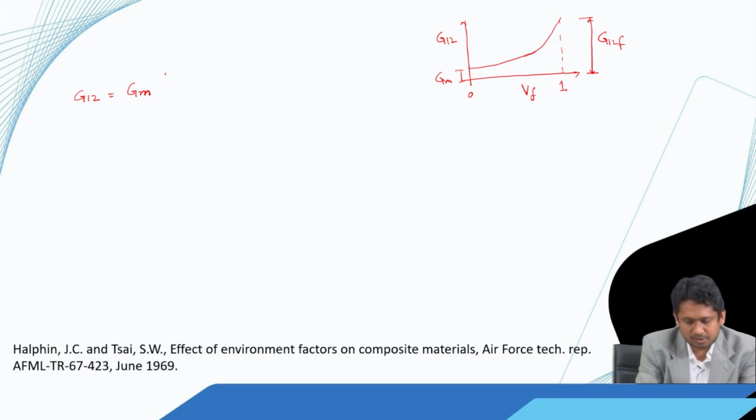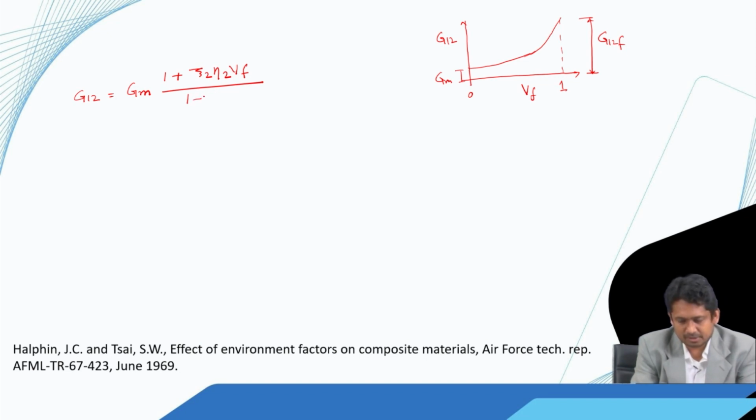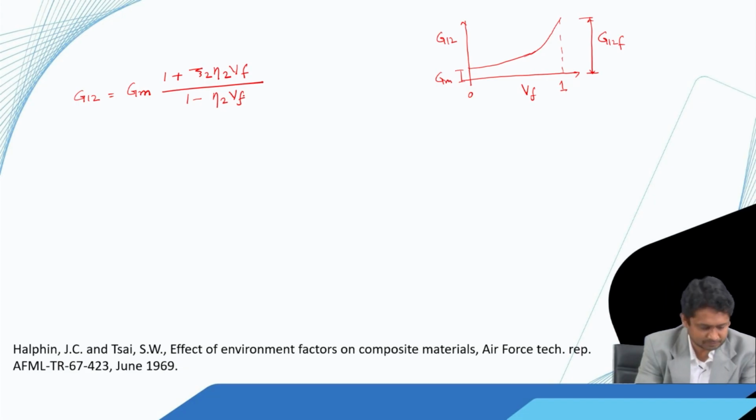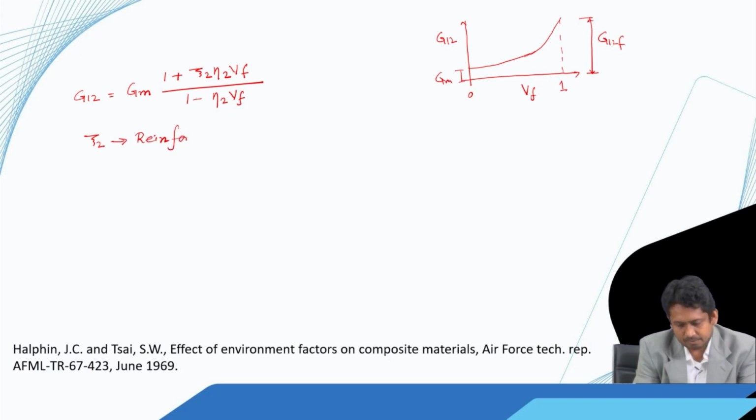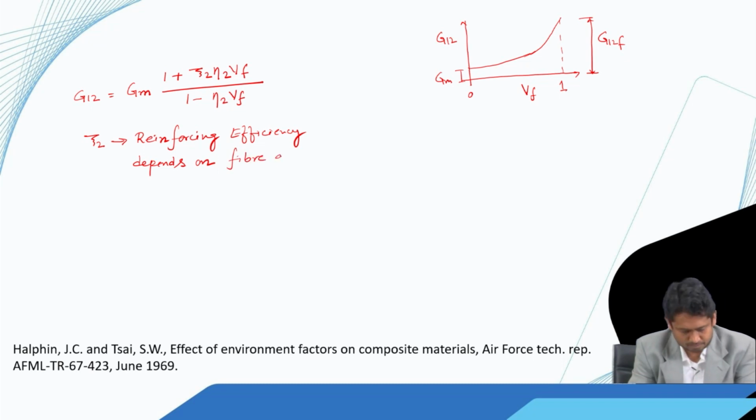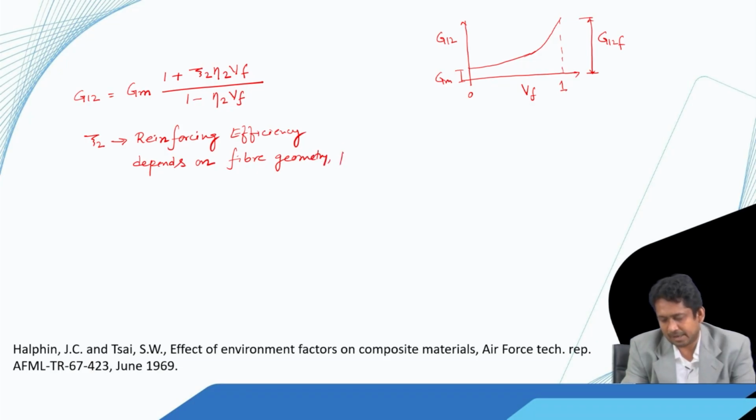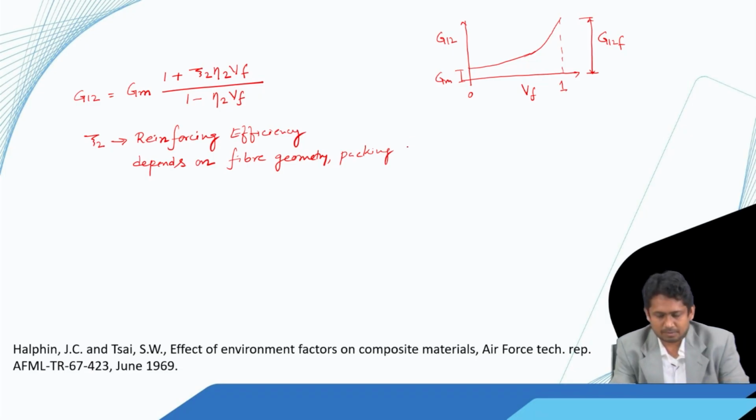So, G12 is equal to Gm multiplied by 1 plus xi 2 eta 2 Vf divided by 1 minus eta 2 Vf, where xi 2 is called reinforcing or reinforcement efficiency, and again it depends on the same set of parameters like we saw before: fiber geometry, packing geometry, and loading direction.